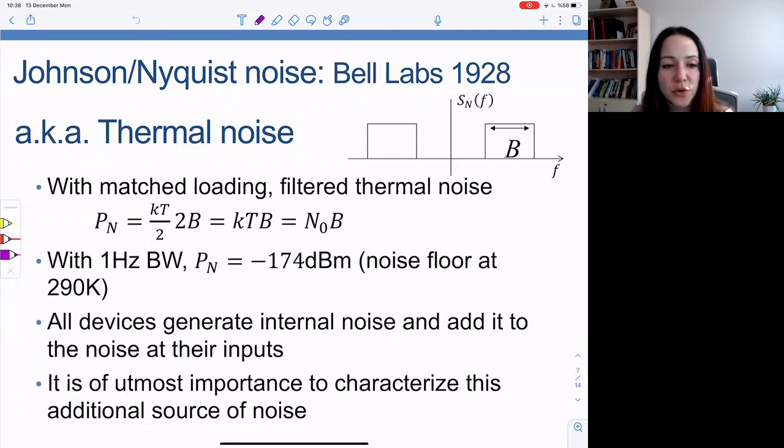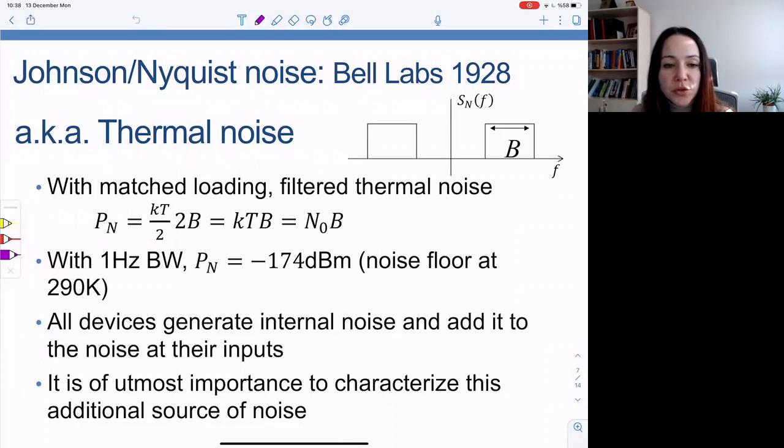Now, as you know, the noise PSD N0 was characterized as kT, temperature in Kelvin times the Boltzmann constant. And the total noise that is emitted depends on the bandwidth B, right?